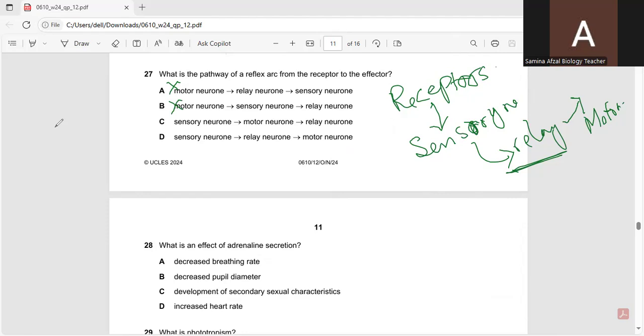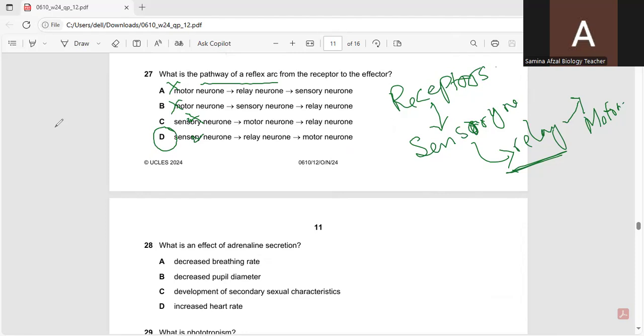Secondly, these C and D are starting from sensory neuron. So we can say that sensory neuron is the correct option. Sensory to motor, no, again, it is not correct. So it will go from sensory towards relay neuron and towards motor neuron. So this will be the pathway of the reflex arc from the sensory towards the motor neuron. So D is the correct option.